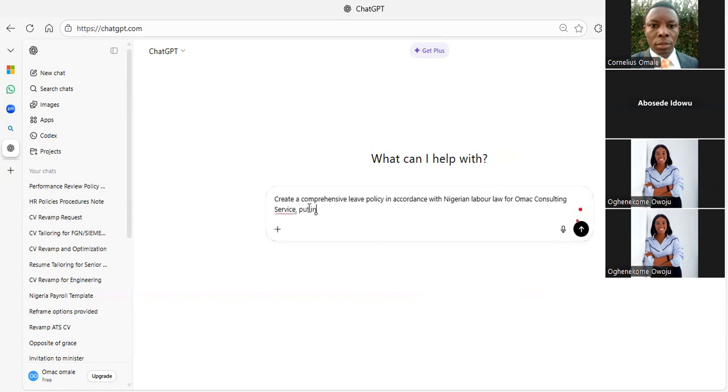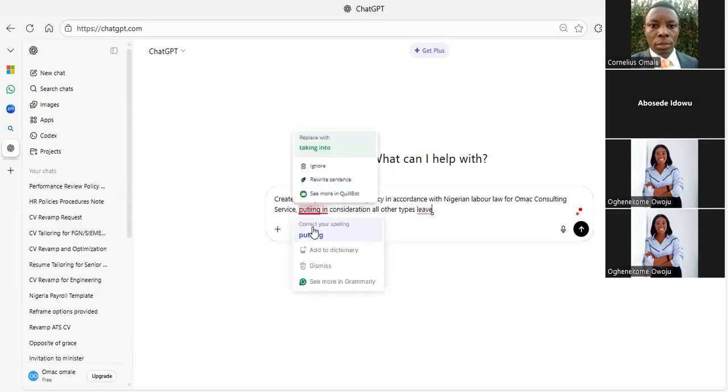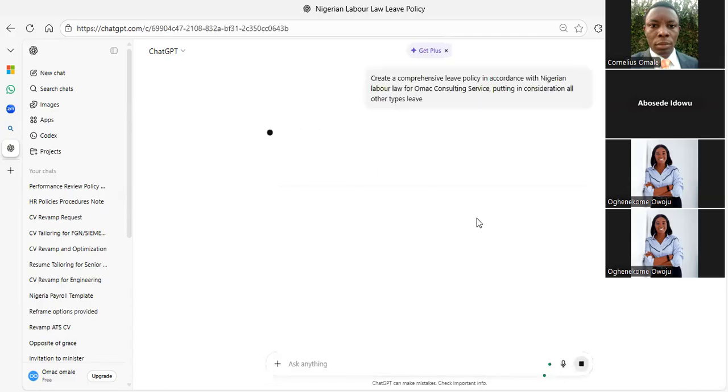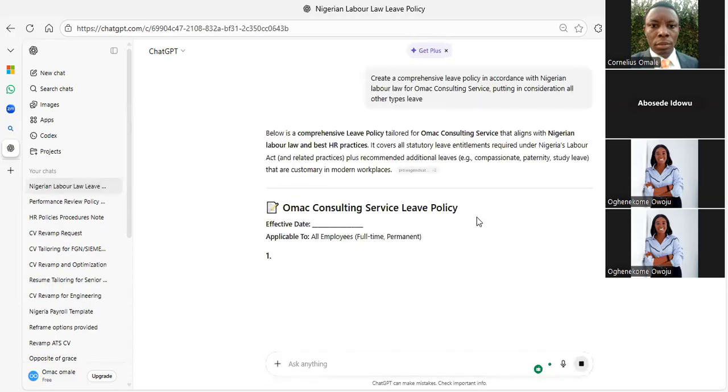Putting in consideration all other types of leave. So I want to ensure that nothing is left behind. So now that we have put this, let's okay it and see how it comes out for us.